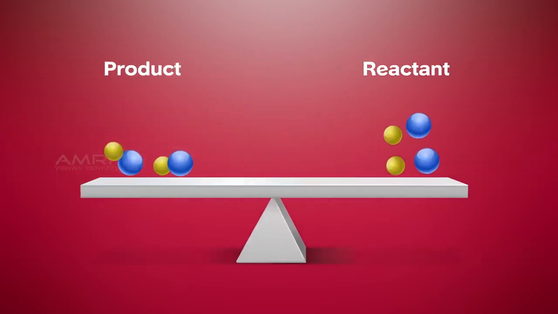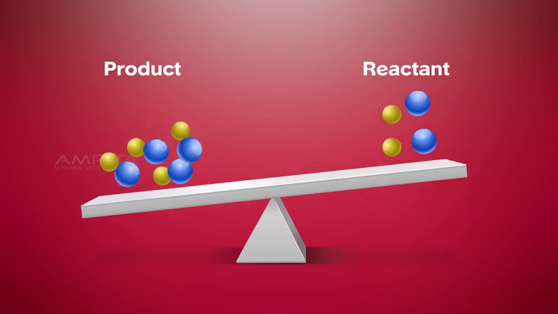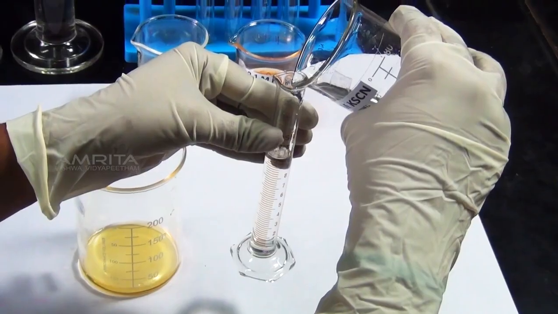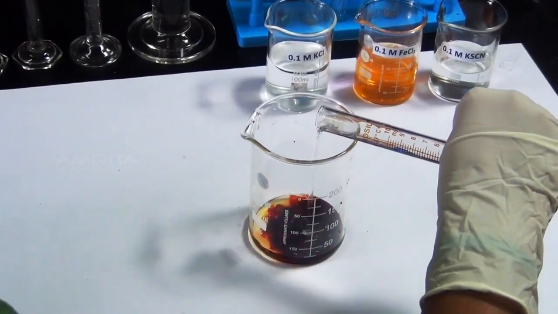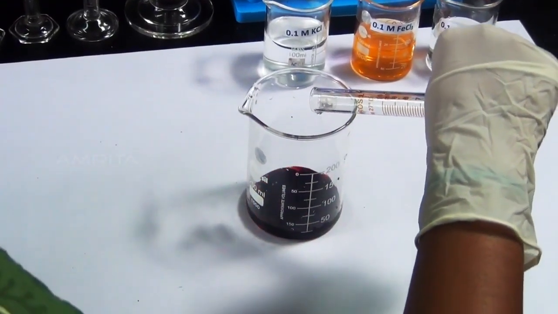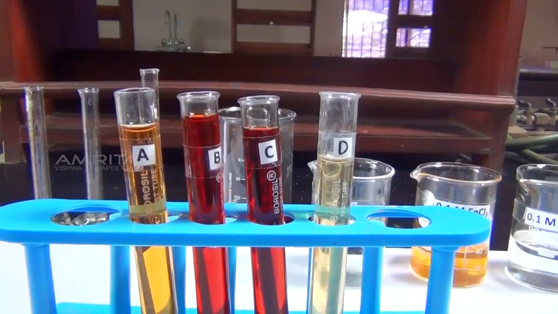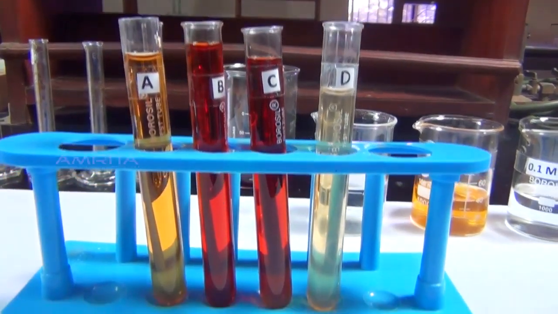The change in the concentration of any one of the species affects this equilibrium. Our aim here is to study the shift of equilibrium between ferric ions and thiocyanate ions by increasing the concentration of either of them.